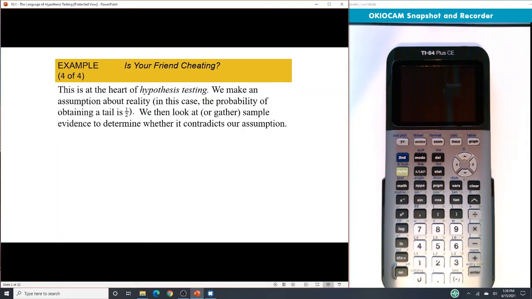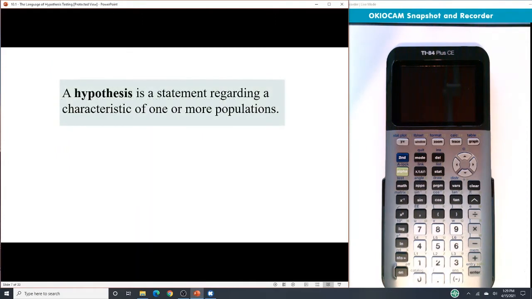All right, so this here is the heart of hypothesis testing. We make an assumption about reality, and then we look at sample evidence to determine whether it contradicts our assumption.